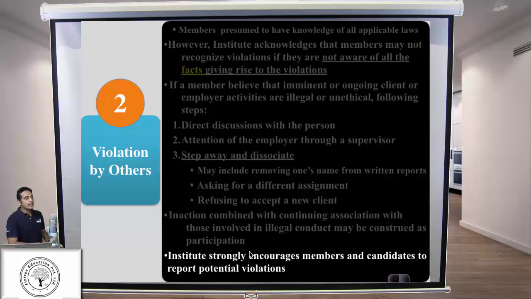And he is currently involved in some violation. Are ethics applicable to him? No. But if I am your supervisor, it is my responsibility that the code of ethics is followed in my organization. And even if the code of ethics is not applicable to you, the law will still be applicable to you. And if you are in violation of law, then automatically everything becomes applicable. Is it okay?